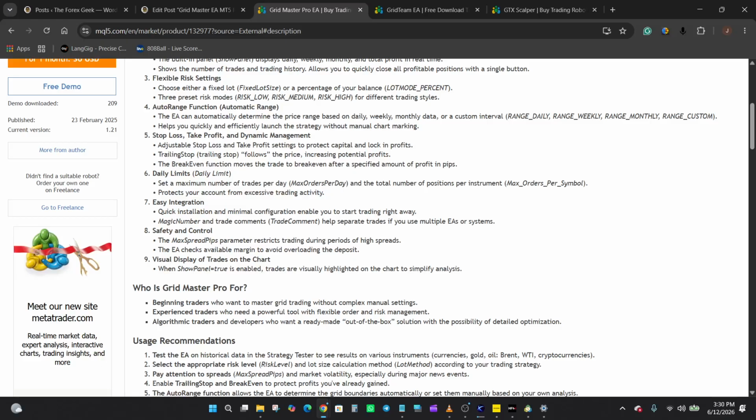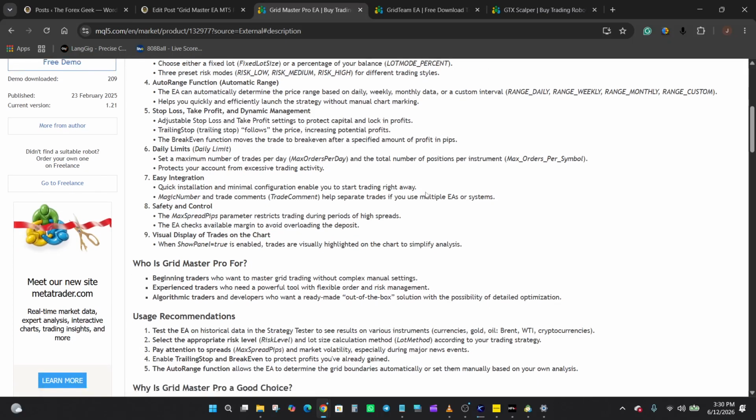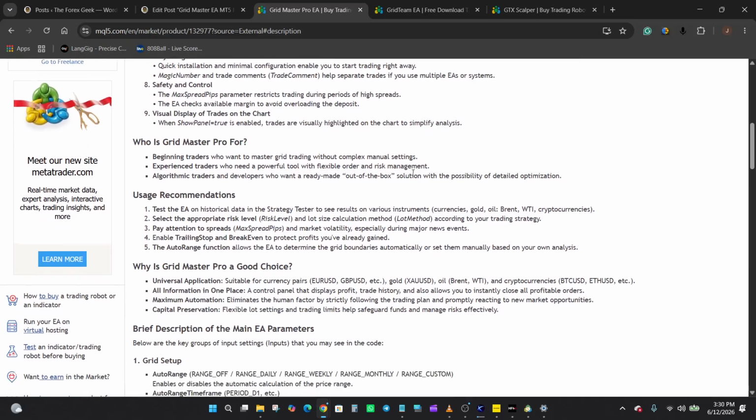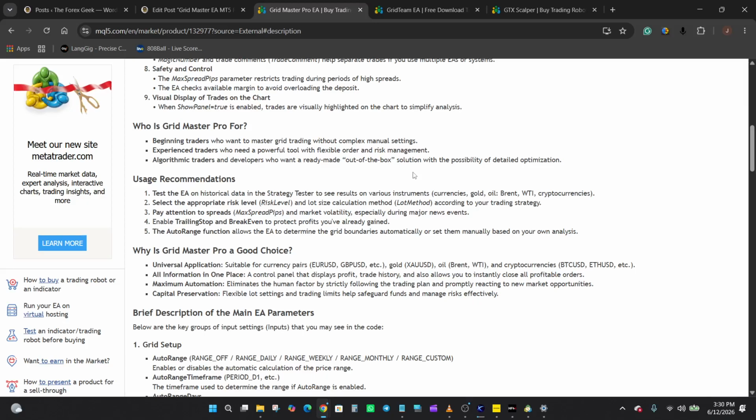Before moving into the backtesting section, it is worth noting that the developer specifically recommends testing the EA across multiple instruments and market environments. Since it supports currencies, metals, oil, and cryptocurrencies, historical analysis can vary considerably depending on the selected market and settings.